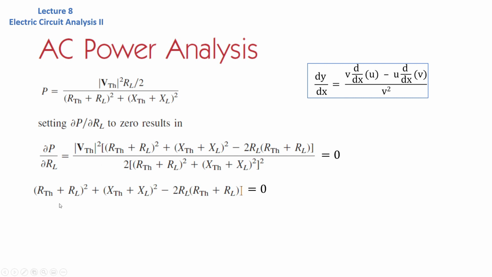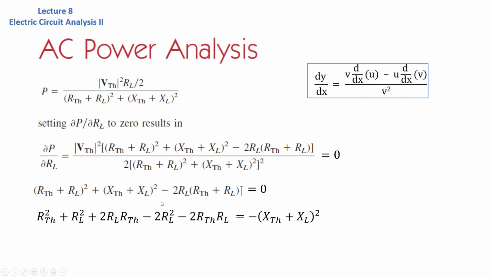So from here we can find a condition for RL. In order to do that, let us expand this term and this term. So we take this term on the other side and we expand these two terms, and as you can see this particular term and this particular term will cancel each other.